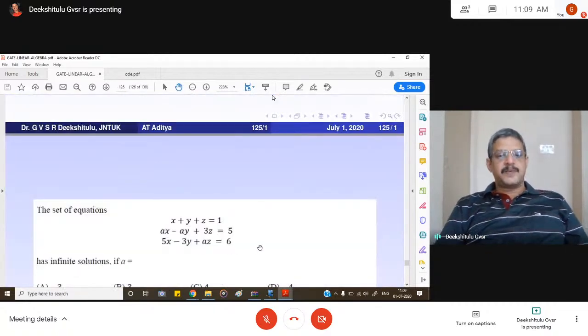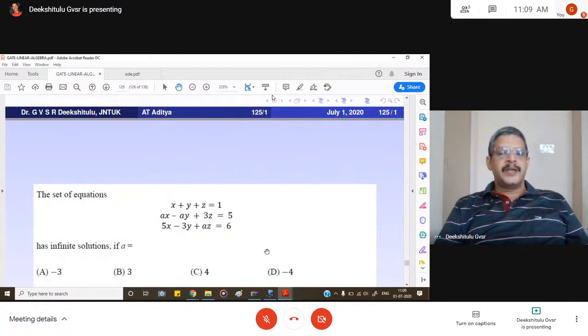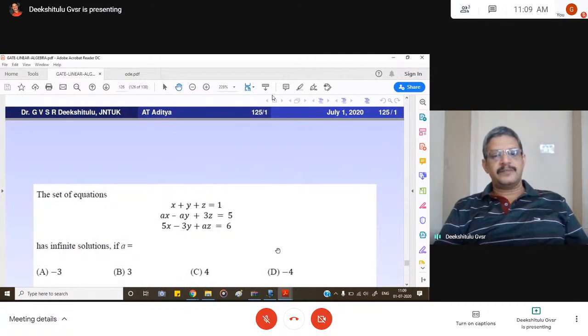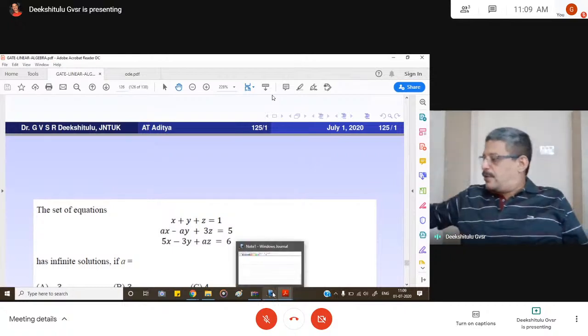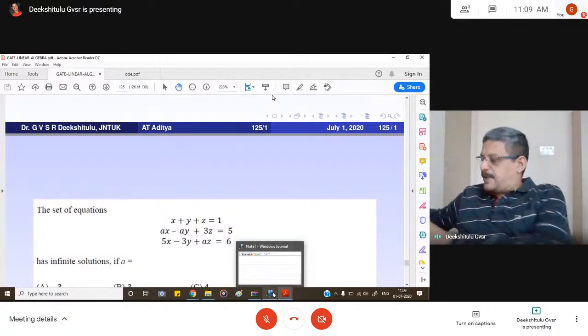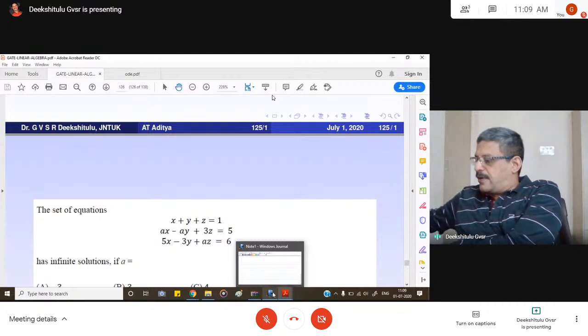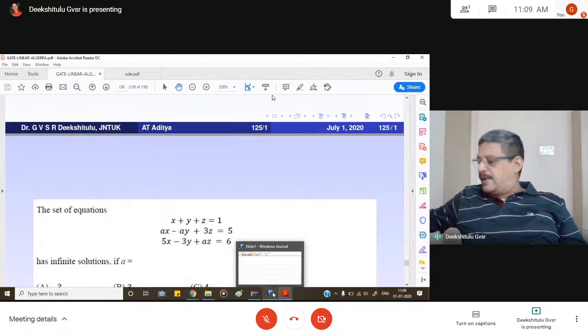The set of equations: x plus y plus z is equal to 1, ax minus ay plus 3z is equal to 5, 5x minus 3y plus az is equal to 6.